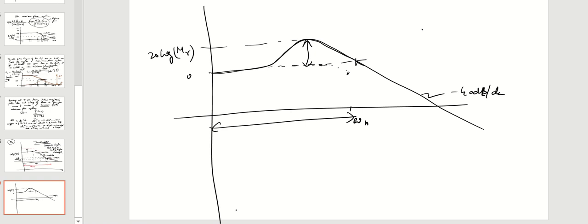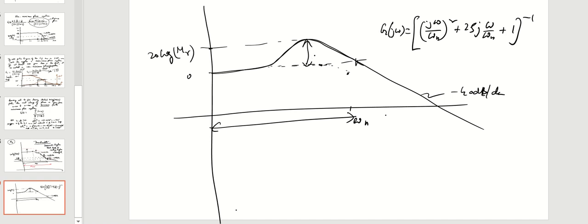We're trying to draw G(j omega) equals (j omega over omega n) squared plus 2 zeta (j omega over omega n) plus 1, the whole to the power minus 1. This is what G(j omega) is in this case, and this is the magnitude.